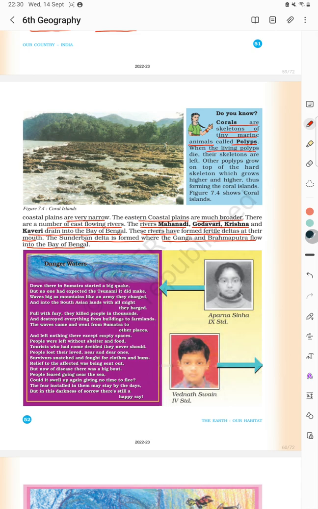When the living polyps die, their skeletons are left. Other polyps grow on top of the hard skeleton, which grows higher and higher, thus forming the coral island. Figure 7.1 shows coral island. So these are corals, and this is coral island.